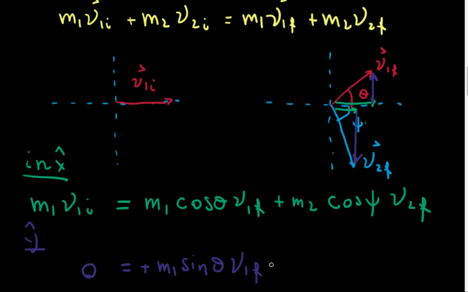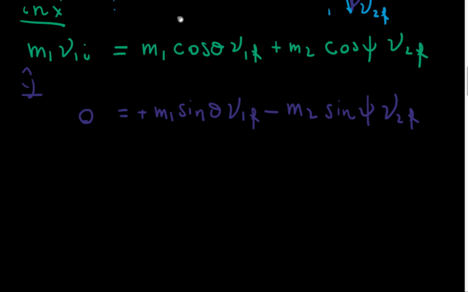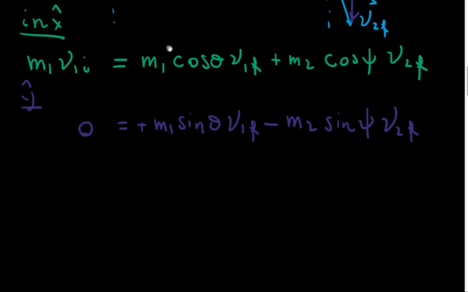So I'm going to say that this is minus mass 2 sine of phi velocity 2 final. And there you go. Now we have basically pulled everything from the problem, and we're left with this x and y.